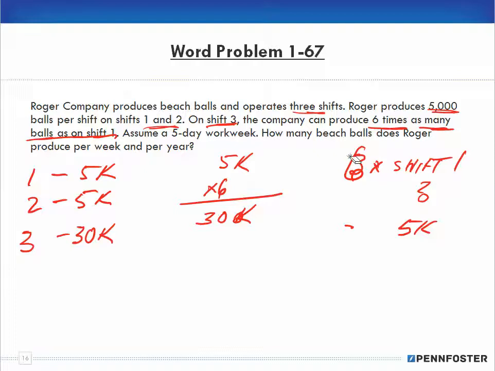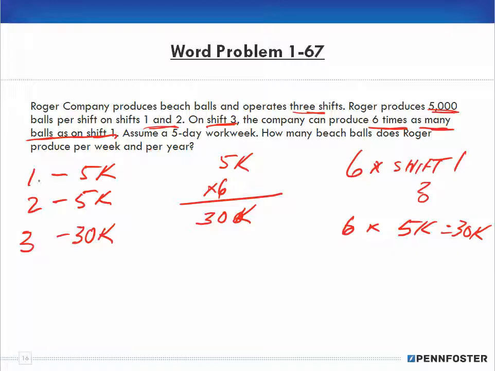Let me erase that. We're not all perfect. All right, 6 times as many, so that's 6 times the 5,000, or 30,000. Okay. All right, assume a 5-day work week. How many beach balls does Roger produce per week and per year?